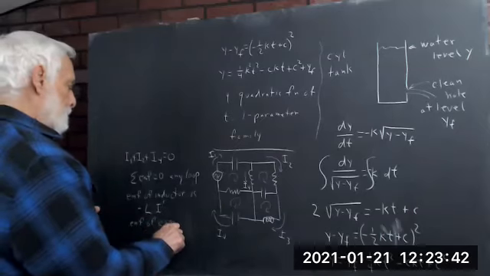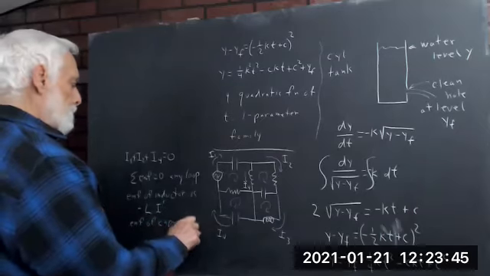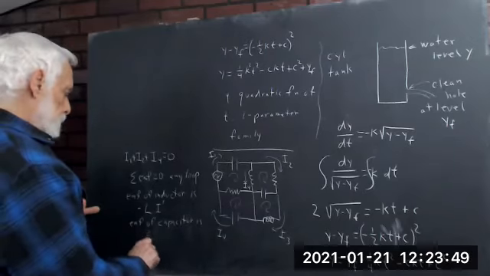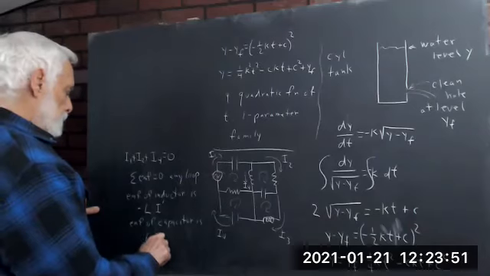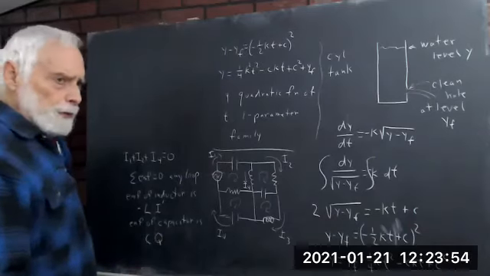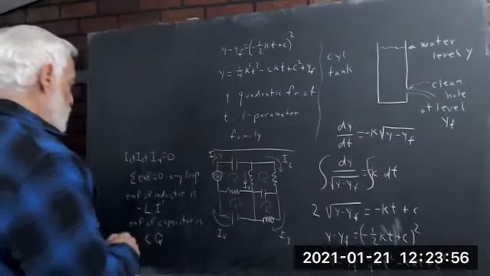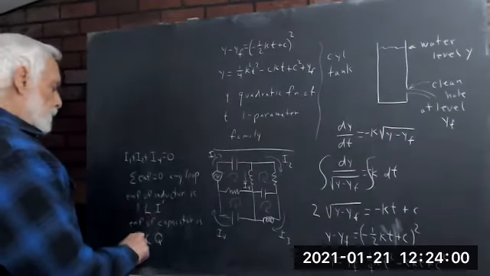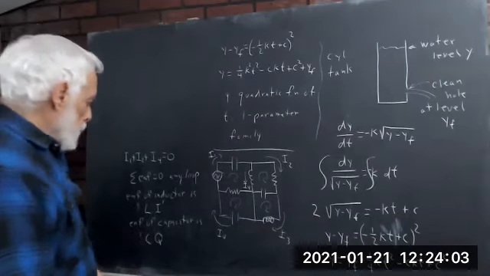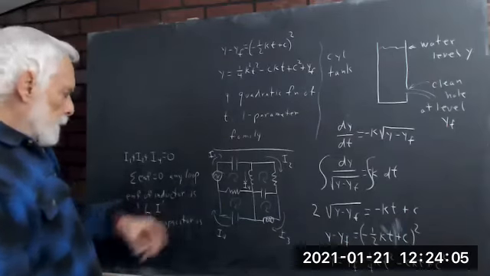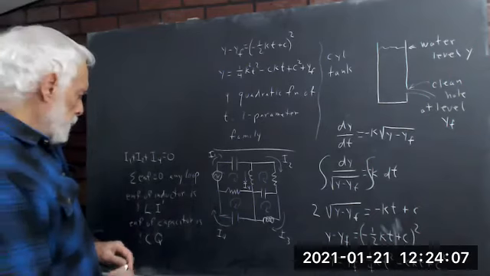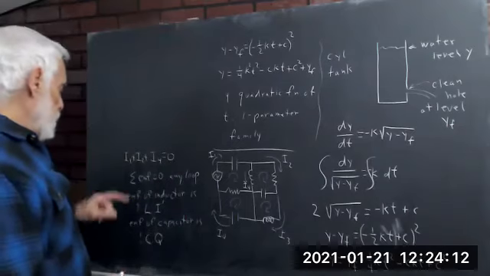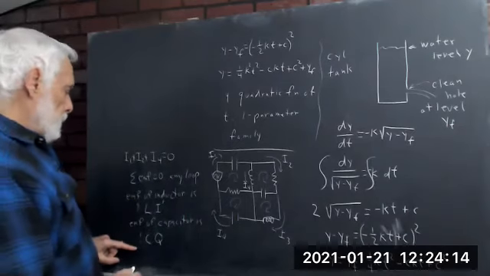EMF of the capacitor is Q over C, where Q is the charge of the capacitor. I'm not going to worry about the signs. I'm just going to write these. This is a plus or minus, this is a plus or minus, and we'll talk about why. We'll talk a little bit more about these things. We'll do a little of that next time, or I'll do a little bit more in the video because I'm not going to be here for class next time. There's your EMF of the capacitor.